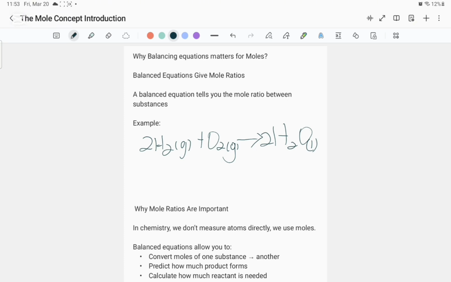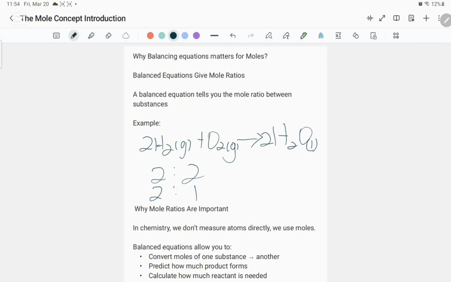So what is the mole ratio between hydrogen and water? Right? So this here is 2 moles of hydrogen reacting to form 2 moles of water. So that is how we do a mole ratio, right? If they ask what was the mole ratio between hydrogen and oxygen, then in this case it would have been 2 moles of hydrogen reacting with 1 mole of oxygen.